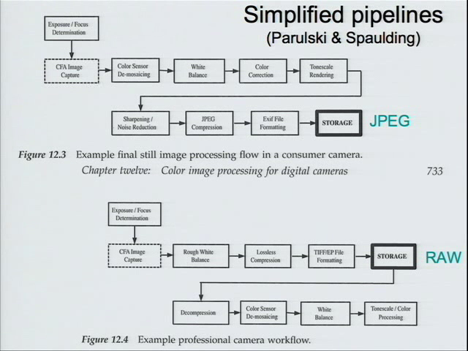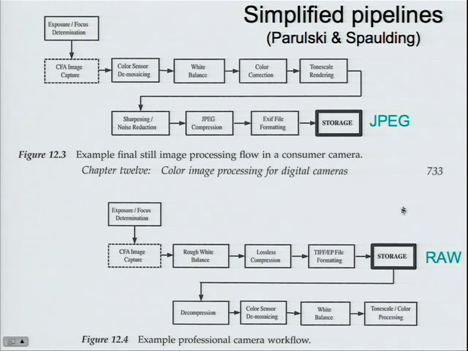So one of the figures, or two of the figures in that book, are these simplified pipeline diagrams that show you what happens in a consumer camera and in a professional camera. The difference between them is what's the output, basically. So the consumer camera outputs JPEG files, and the professional camera in this conception outputs RAW files. So the question is really how do you organize the different stages and where do you do storage and so on.